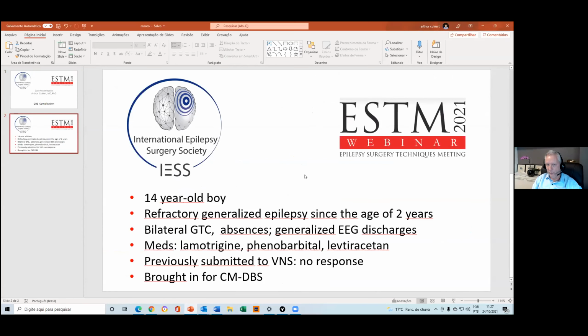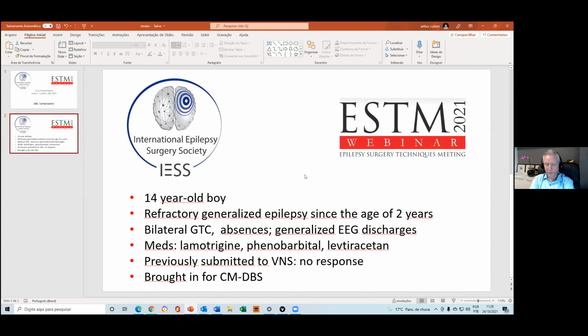He's a 14-year-old boy with refractory generalized epilepsy since the age of 2. He had bilateral generalized tonic-clonic seizures and absences, extremely refractory, of course, with compatible EEG findings. I put the meds here because I'm sure many of you will like to discuss the impact of meds on surgical complications, but he was taking lamotrigine, phenobarbital, and levetiracetam.